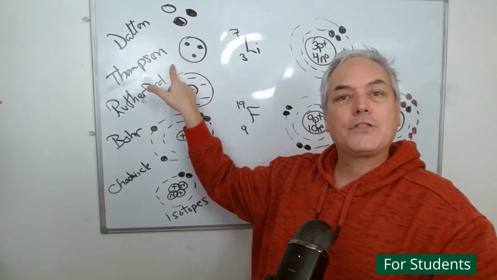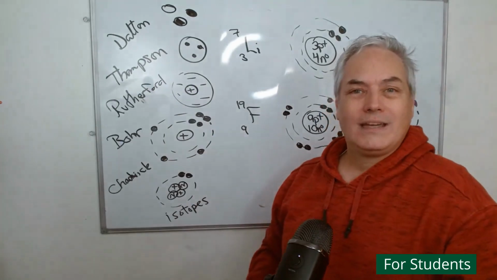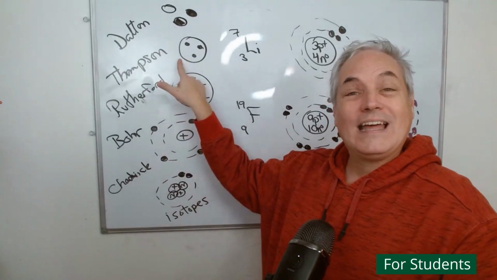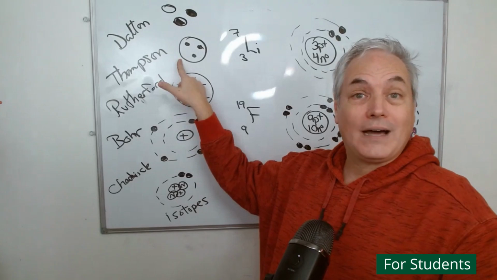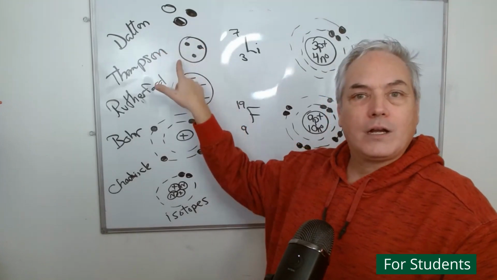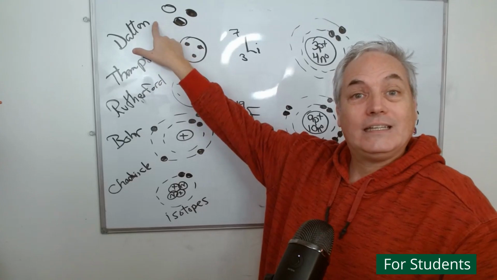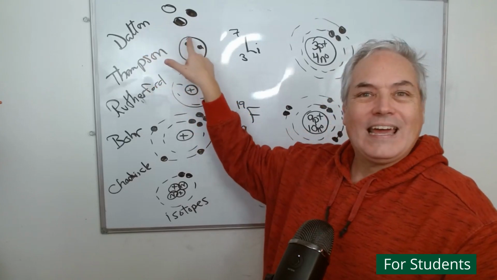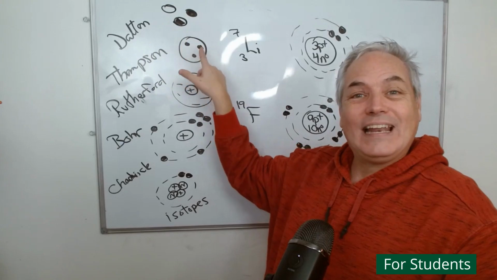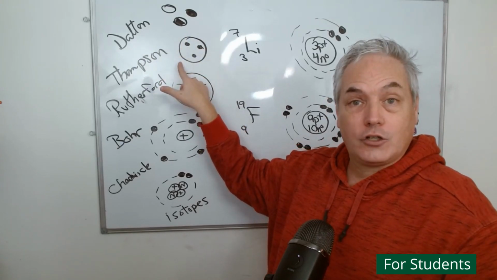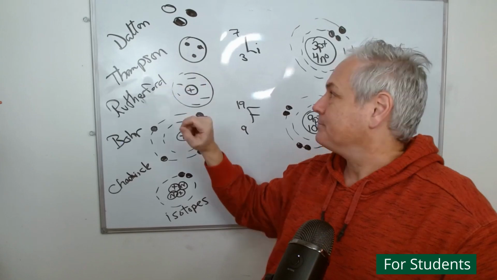Next, we have Thomson. Through his study of electricity, Thomson realized that a neutral particle is also affected by electricity and electromagnets. So he agreed that particles existed, like Dalton did, but within them, we have a positive particle with little negative electrons sprinkled on it. This is the idea of a chocolate chip cookie or a plum pudding.